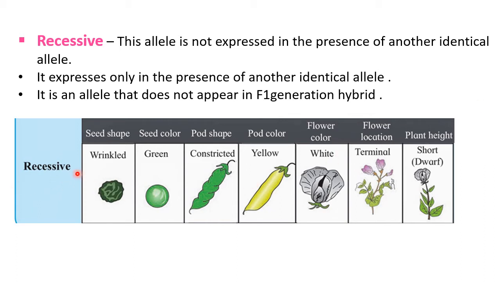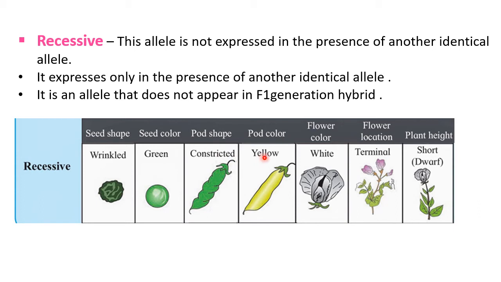Here in the diagram we see all the recessive traits from the 7 pairs of contrasting characters selected by Mendel. For example, the wrinkled shape of the seed is a recessive character. Then the green color of the seed is a recessive character. In shape of pod, the constricted shape is a recessive trait.